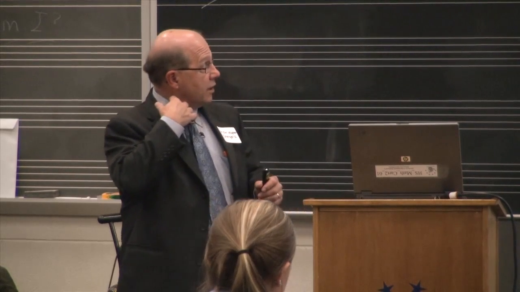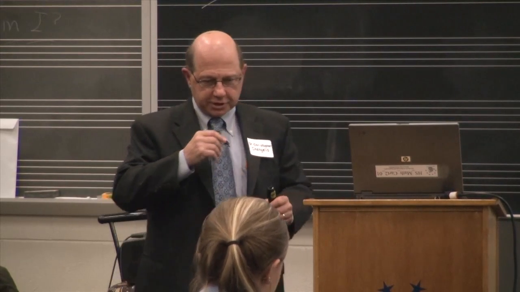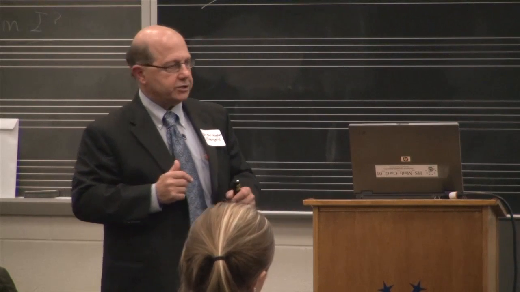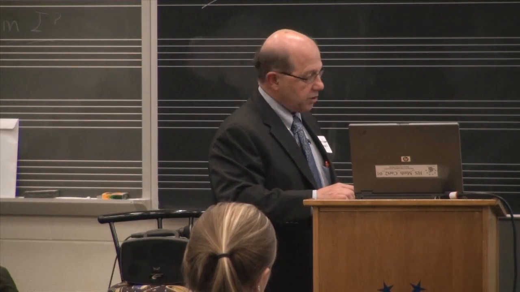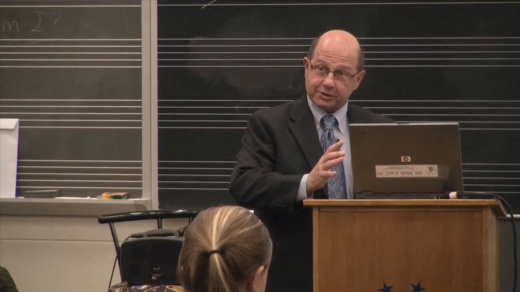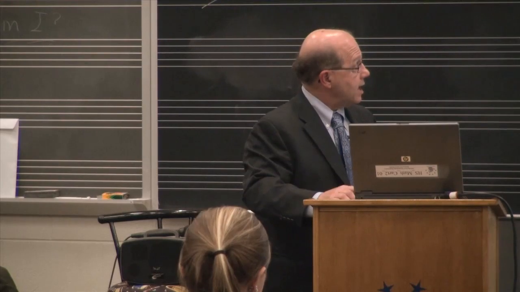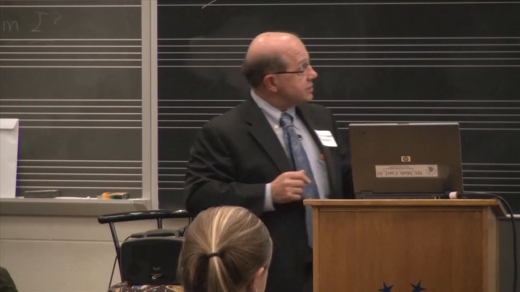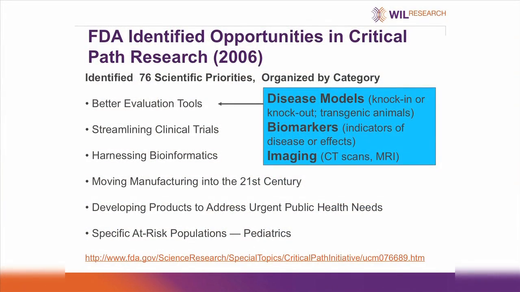The fact that it's taking a long period of time has also gotten the attention of the agency. Back in 2004, they launched what they called their Critical Path Initiative because they wanted to decrease that critical path. And then in 2006, they published their scientific priorities organized by categories. For a toxicologist, the one where we would tend to play would be better evaluation tools.